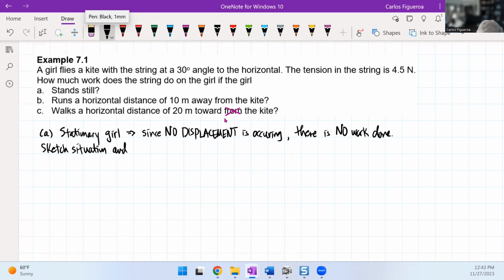And draw a bar diagram. So I imagine that we have a kite and it's flying. Let's say this is the kite here.